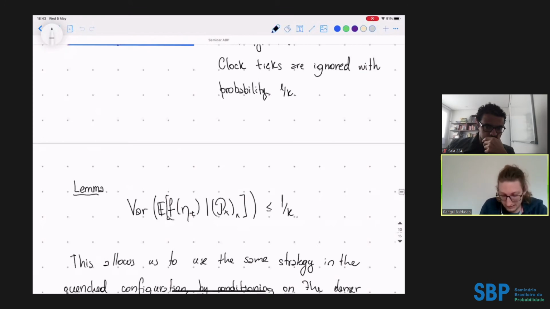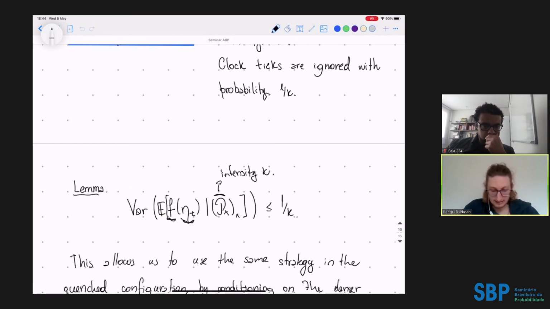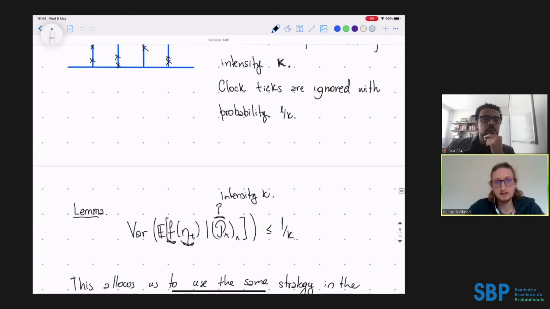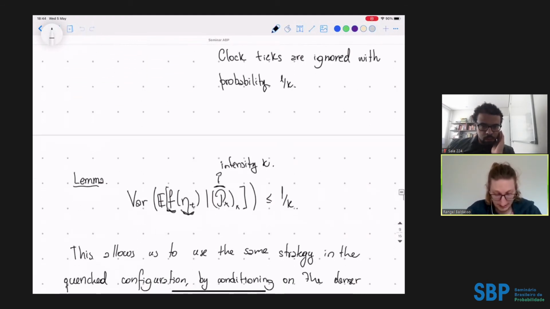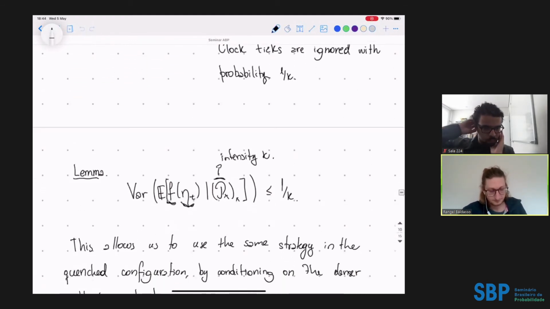So if you have any function here that depends on your configuration at time t, and you condition it on the collection of clocks of intensity k, so here's intensity k, this conditional expectation here has a small variance, meaning that it's very likely that you retain some information from your annealed configuration when you condition on these things with larger density. So basically it's very useful to solve the problem.